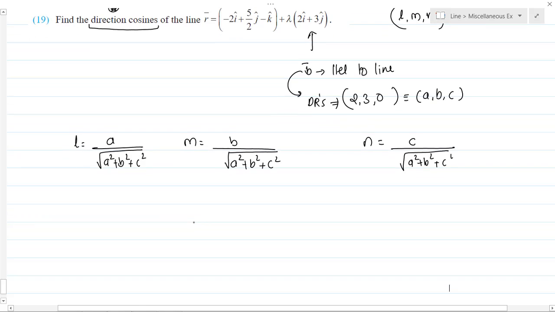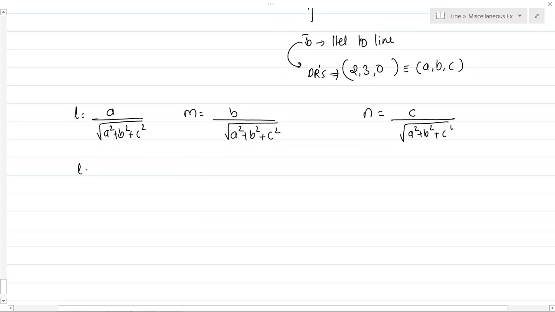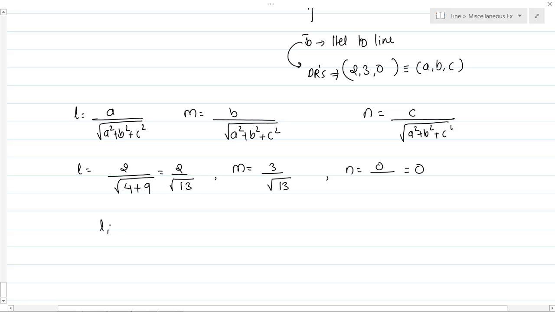Let's substitute these values. l is equal to 2 upon root of 2 square, that is 4, plus 3 square, that is 9, so it is 2 upon root 13. m becomes 3 upon root 13, and n becomes 0 upon anything, which is 0. So the direction cosines of this line l, m, n are 2 by root 13, 3 by root 13, 0.